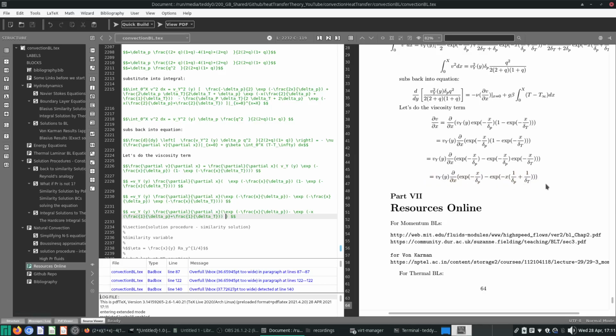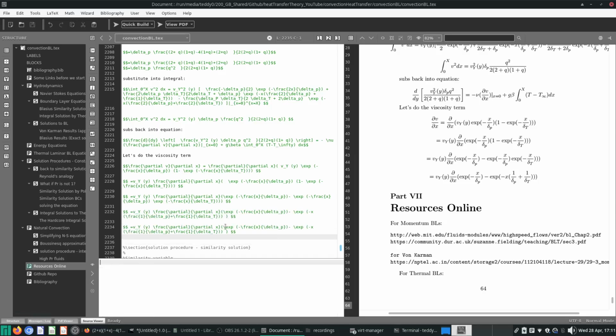One, two, and third bracket. Now we can do that. Let's start differentiating. To differentiate, this is pretty simple. I'm just going to take out the partial by partial x. Now I have the fraction minus 1 over delta p outside here.